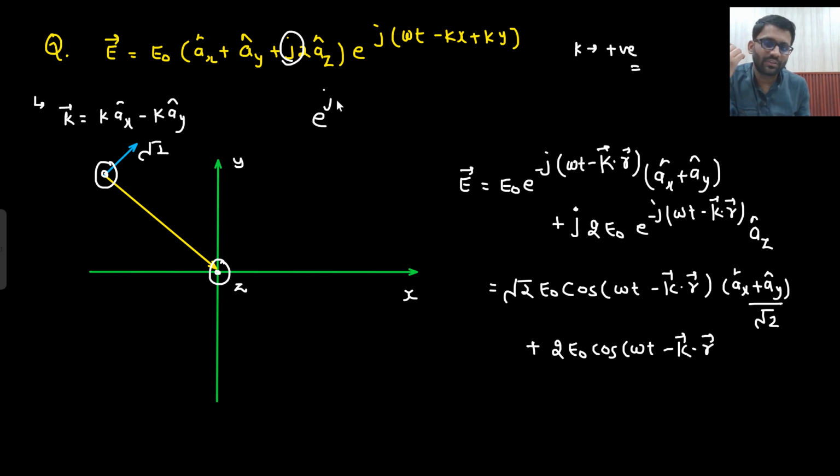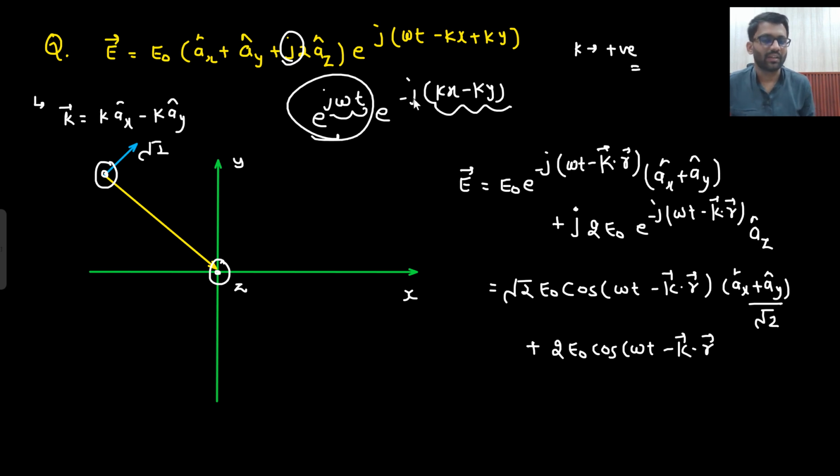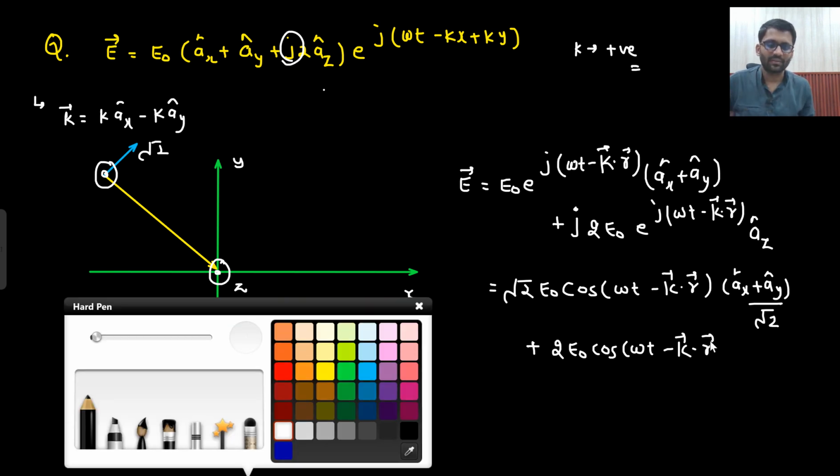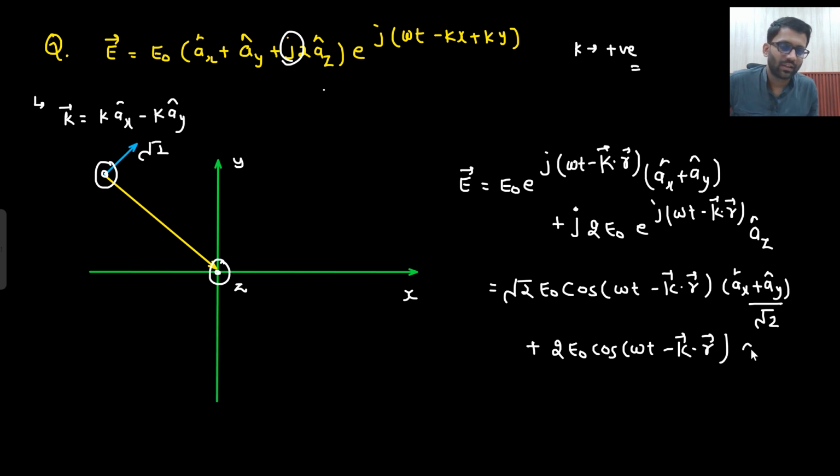Like e to the power j omega t will be added, and e to the power minus j kx minus j ky should be the condition. This is the direction of wave propagation, and this is the time term you are adding. You will never add e to the power minus j omega t as the time term. We add e to the power plus j omega t. So that was an error, I just now noticed it. In the same manner we are proceeding, then az cap.